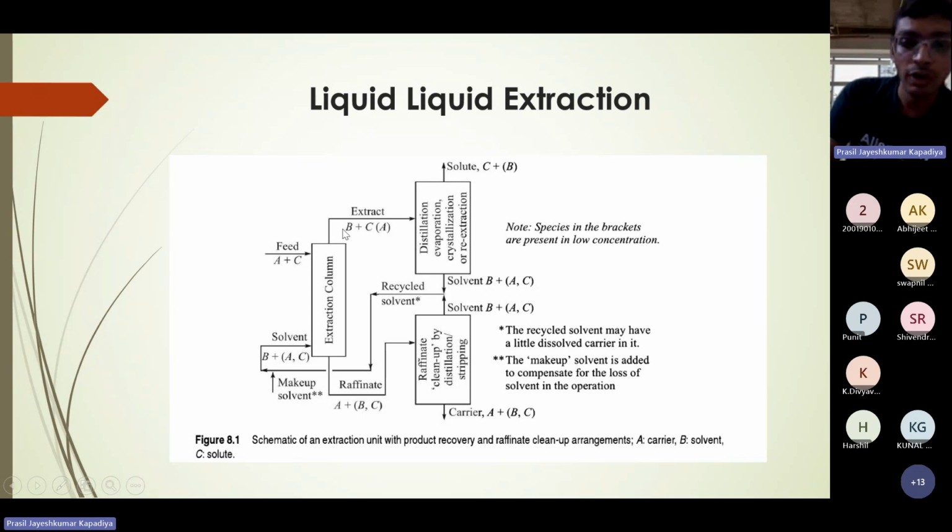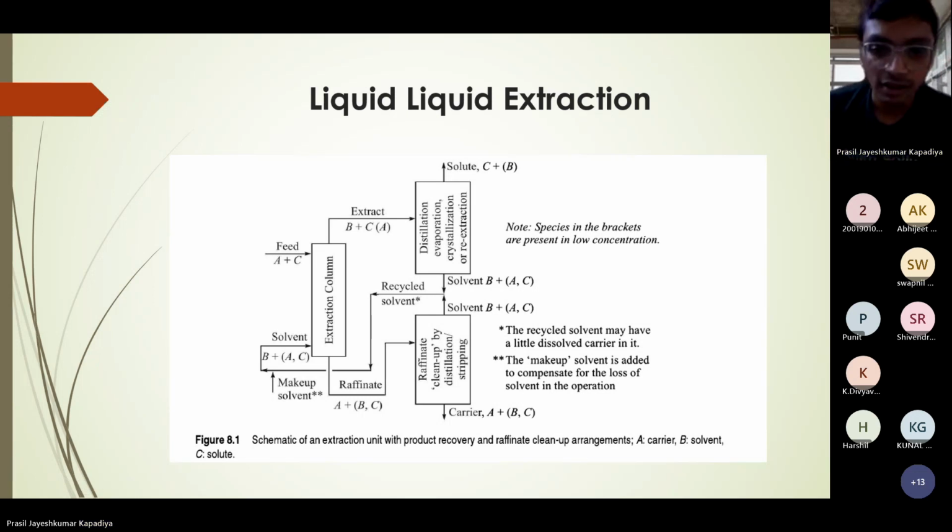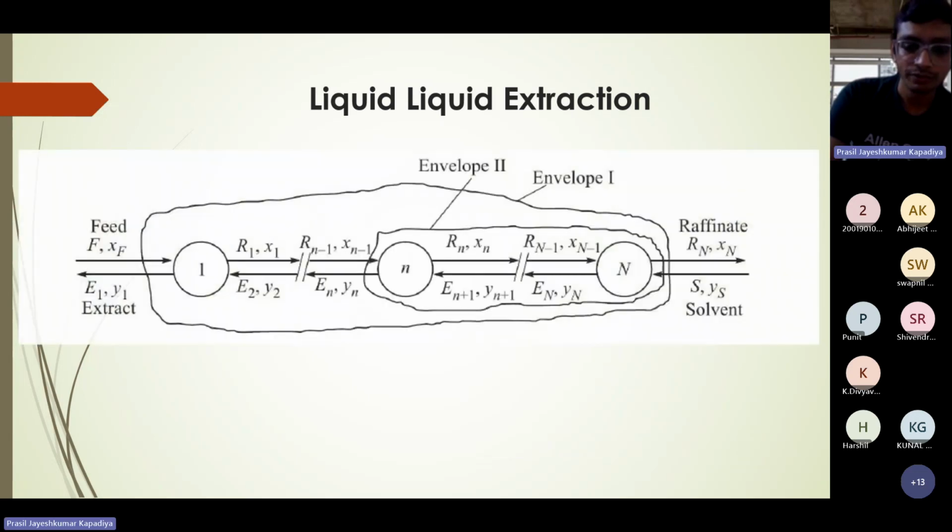Now we have to separate B and C. The solute is separated using distillation or something else, and solvent B we recycle back to our extraction column. Correct, so this is the process we follow. Now, which unit is this? Is this co-current or counter current?